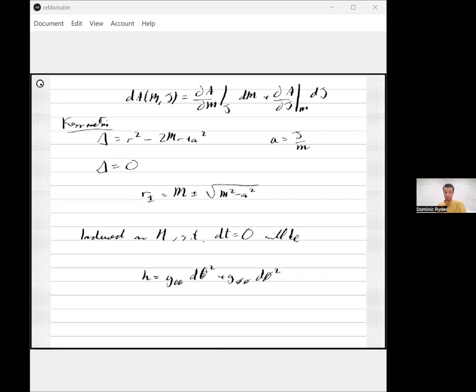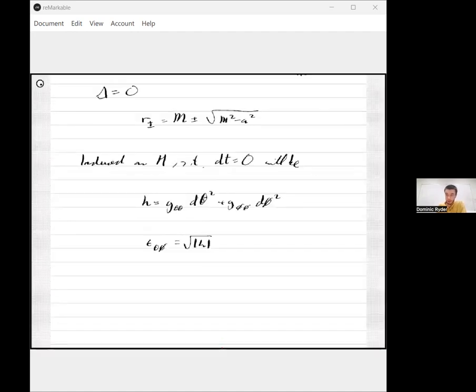These are the terms taken from the Kerr metric. The volume form on this two-surface is then obviously going to be epsilon_θφ, and then the square root of the norm of the induced metric.